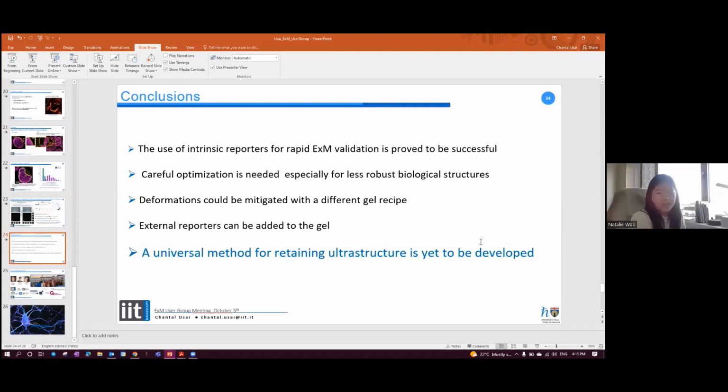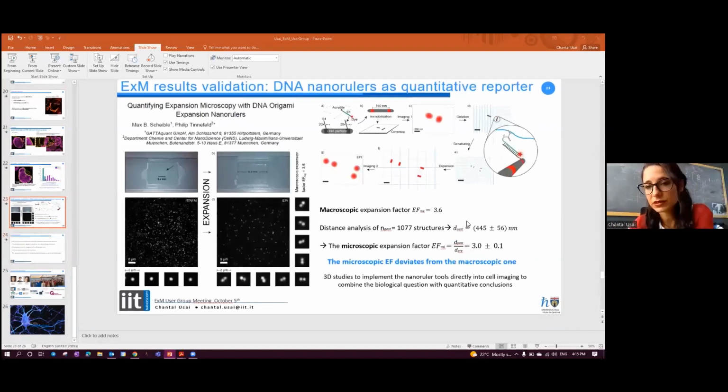All right, and you have a question in the chat. Have you seen a difference in the loss of signal after expansion between the different secondary antibodies, and which one do you use? Yes. Other than the ones that don't work, for example, we know that some don't work at all. For example, the Alexa 647 doesn't work for expansion.